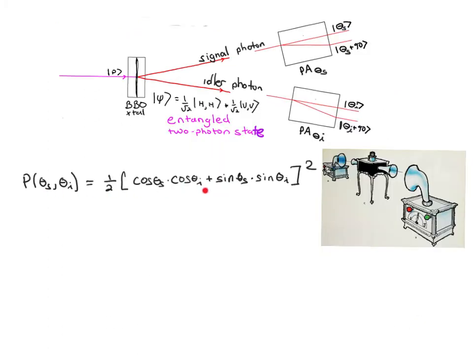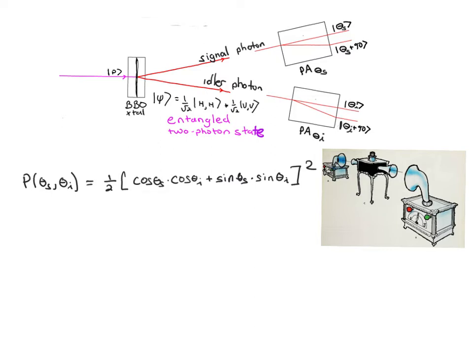So this is an incredibly useful result because no matter what angles we dial our polarization analyzers to, this tells us what the probability of this joint event occurring is.